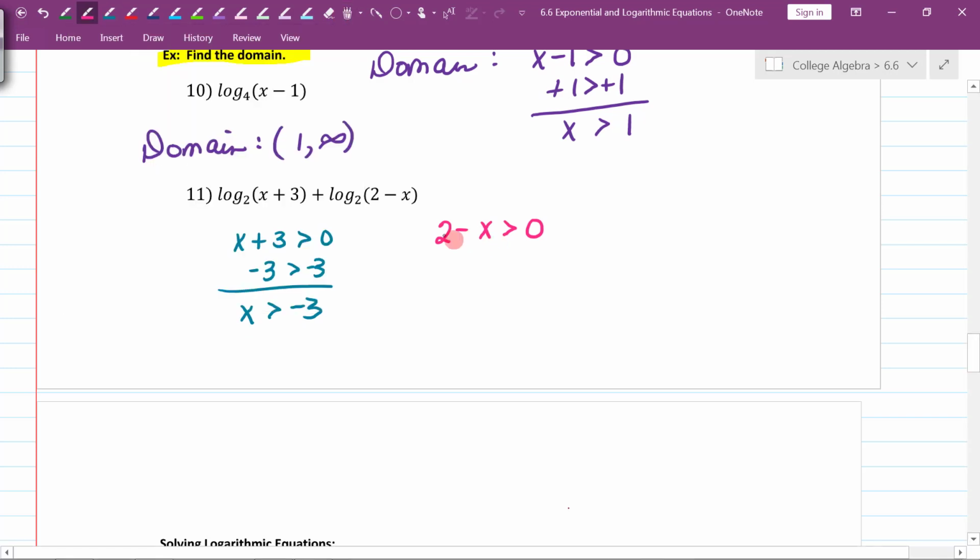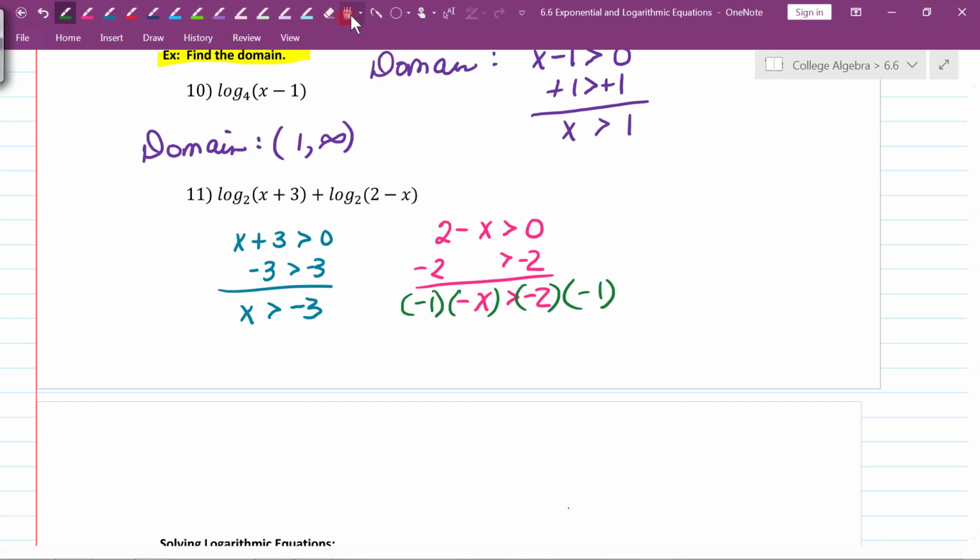This one right here, if I subtract 2 from both sides, I get negative x is greater than negative 2. Well, I haven't solved for x, have I? What I solved for was a negative x. I have to solve for positive x. I'm going to multiply both sides then by negative 1. What I do to one side, I do to the other.